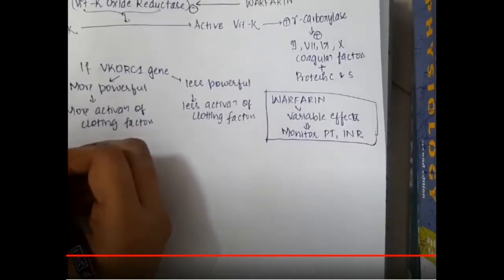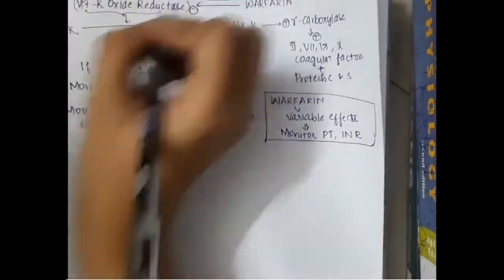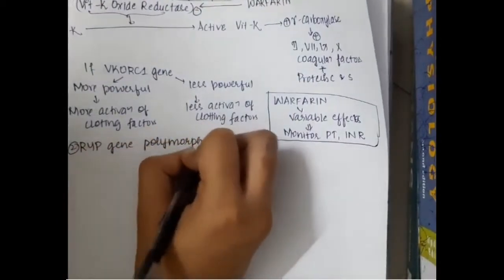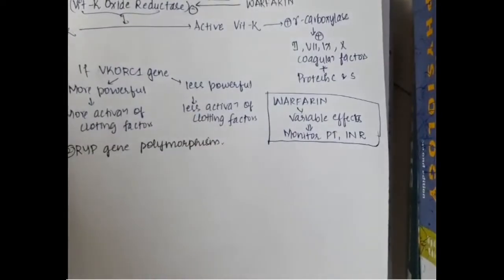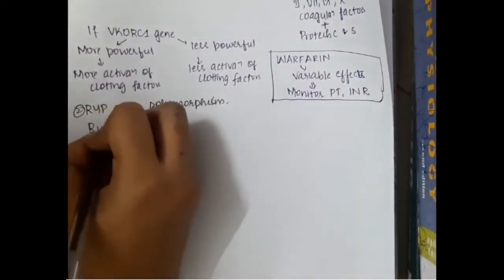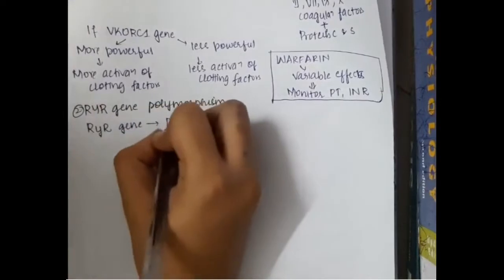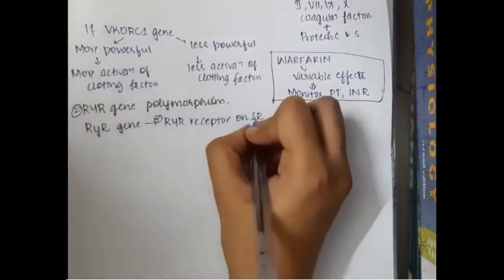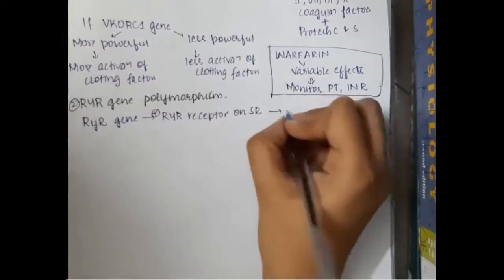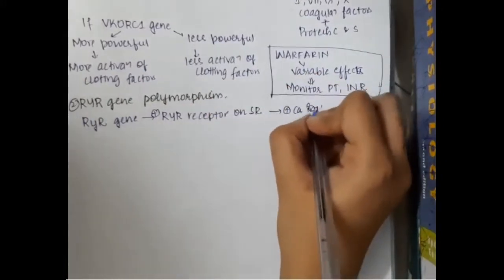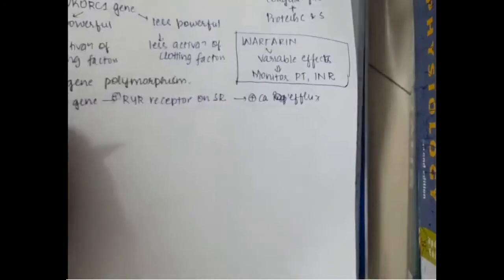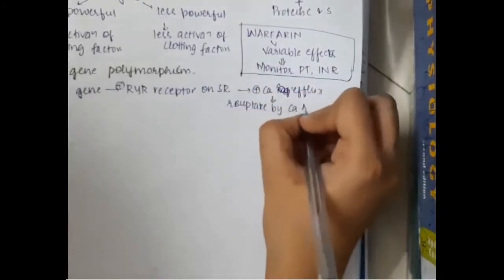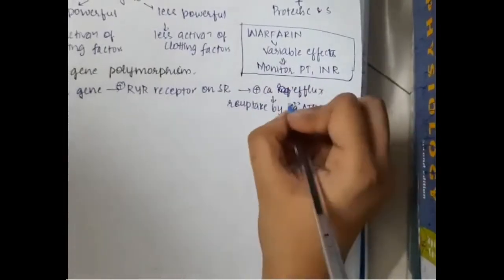Second, we have ryanodine receptor polymorphism. Normally the ryanodine receptor gene activates ryanodine receptors on the sarcoplasmic reticulum, causing calcium efflux. This calcium is taken back up by calcium ATPase.